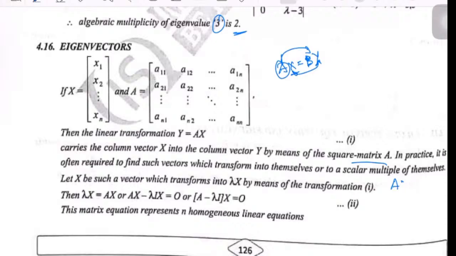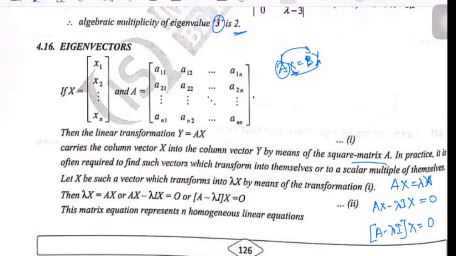Let us consider this. இதை left side கொண்டு வந்தோம்னா Ax minus lambda Ix, which is equal to 0. So A minus lambda I into x is equal to 0.